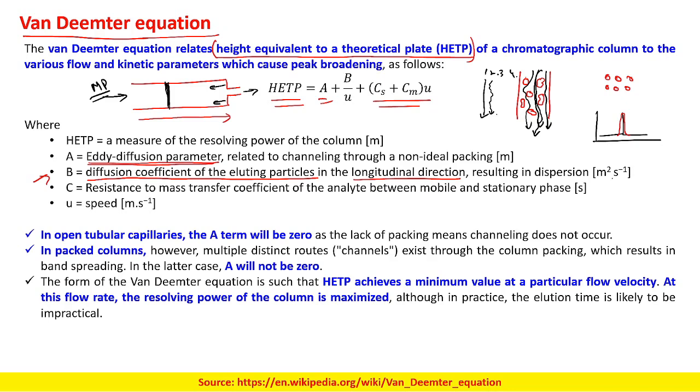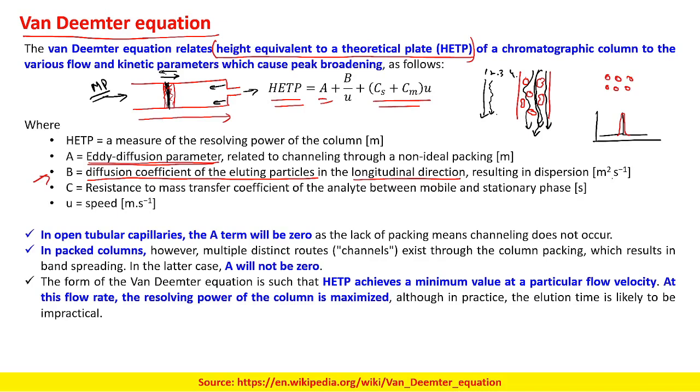However, we need to understand that there will also be a column back pressure onto the system, and due to this column back pressure, the mobile phase is trying to push the solutes in the front, whereas the back pressure is trying to move the solute backwards, and because of these two counteracting forces, we will be getting some spread of the analytes within the column itself.